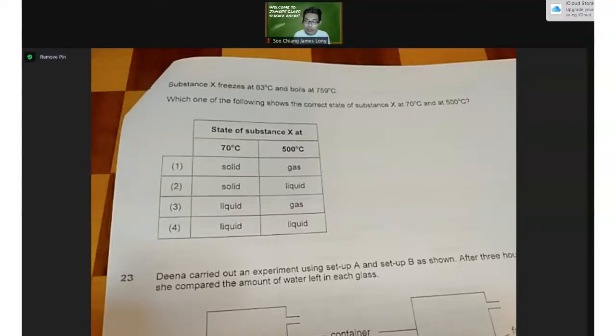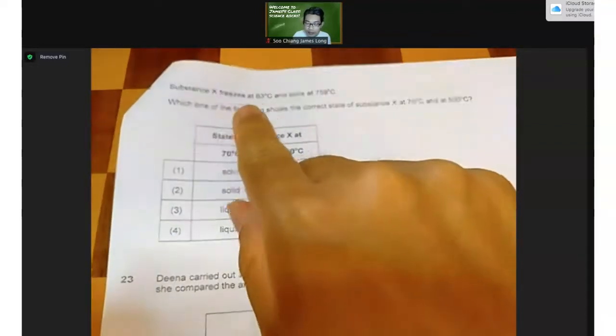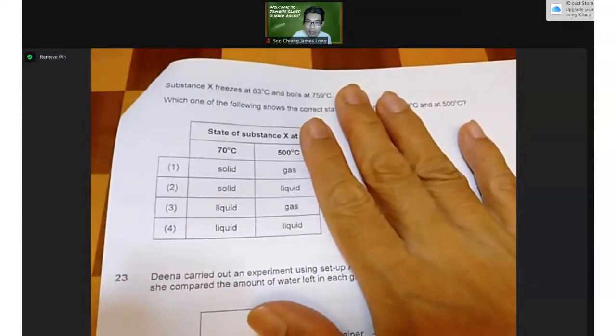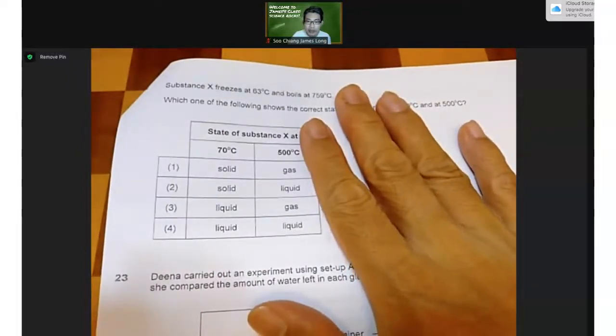You can't change it very much, and this is a good thing for you, because if you know how to solve this kind of question, and it comes up pretty often, just make sure you know how to do it. Substance X freezes at 63 degrees Celsius and boils at 759 degrees Celsius.